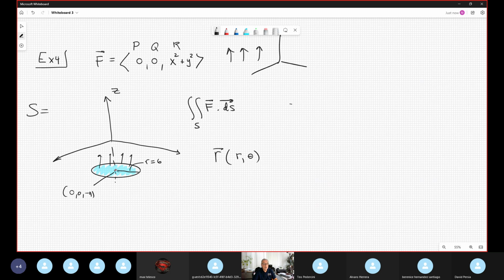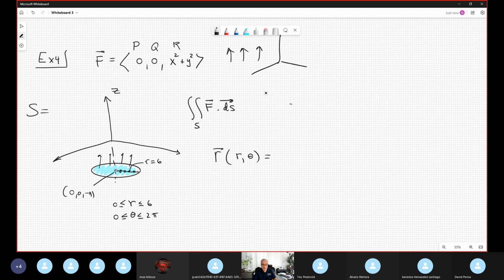Why radius? Because this is not the parametrization of the circle, depending on only one parameter because it's a curve. No, this is a surface, depending on two parameters. And r is obvious, r varies from 0 to 6. And theta varies from 0 to pi to form a disk.